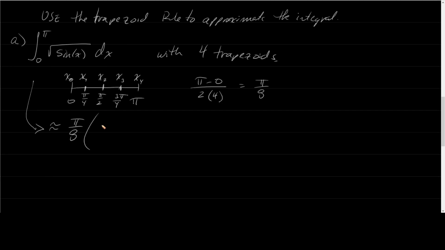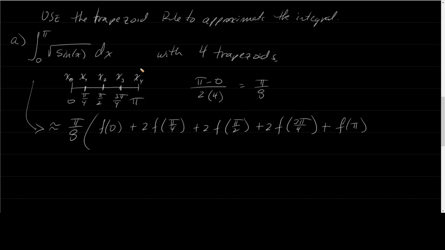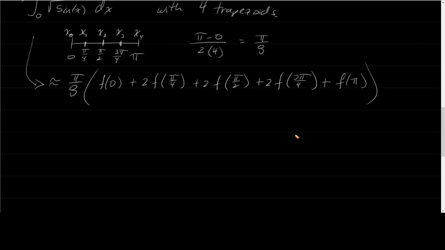So I'm going to have f of 0 plus 2f of x of 1, which is pi over 4, plus 2f of x of 2, which is pi over 2, plus 2f of x of 3, which is 3 pi over 4, plus 1 f of pi, the last one. Remember, the first one and the last one are 1's. Everything else in the middle is 2's.